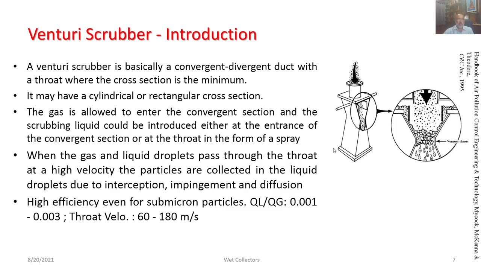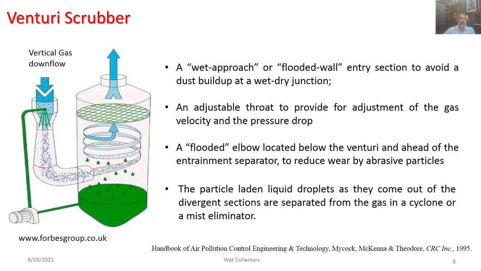This particular device has very high efficiency even for sub-micron particles, where the liquid to gas flow rates are maintained within 0.001 to 0.003 and the throat velocity is 60 to 180 meters per second.